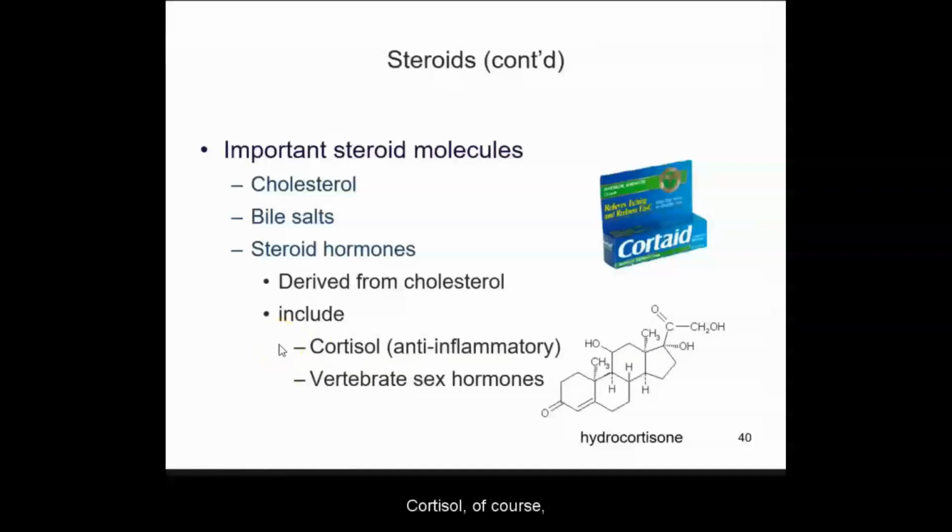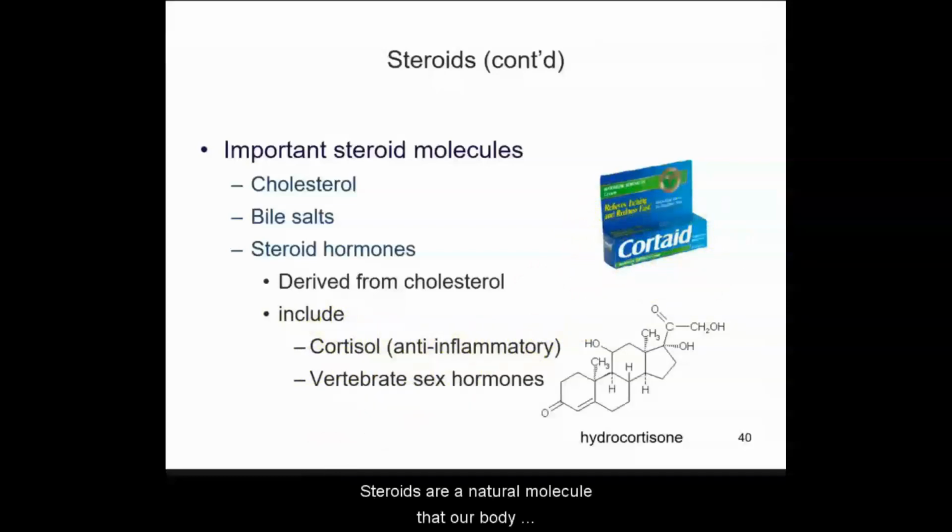Cortisol, of course, is also one of the stress hormones, and will be produced under stressful conditions. But cortisol is also an anti-inflammatory that is an active ingredient in Cortaid, which is a topical anti-inflammatory.